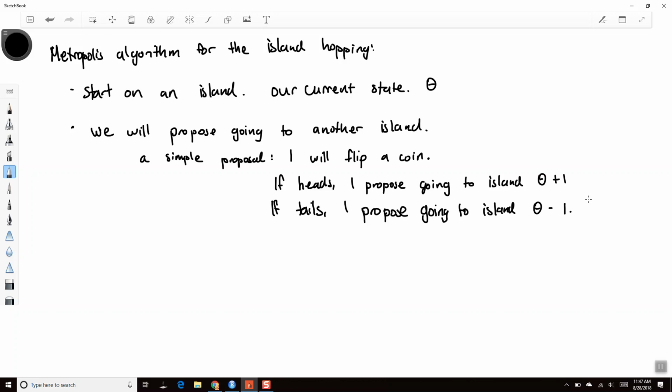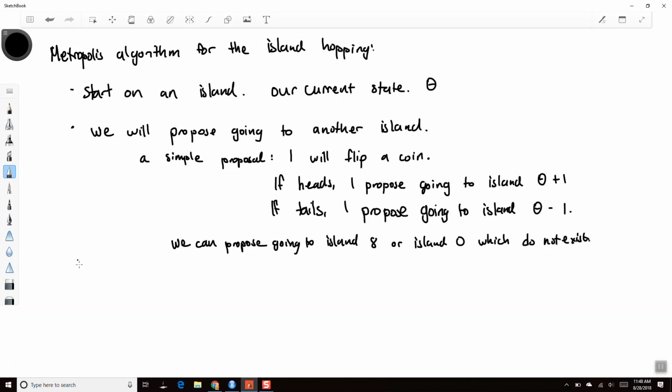And if I get tails, I'll propose going to island 0, which also doesn't exist. Okay, so we can propose going to island 8 or island 0, which do not exist.